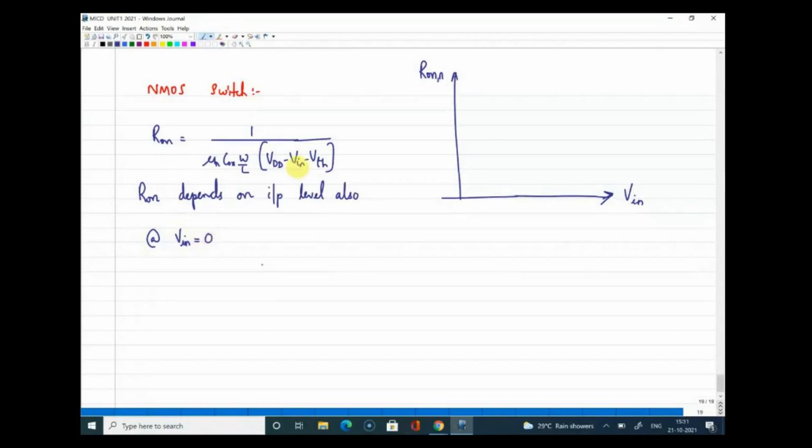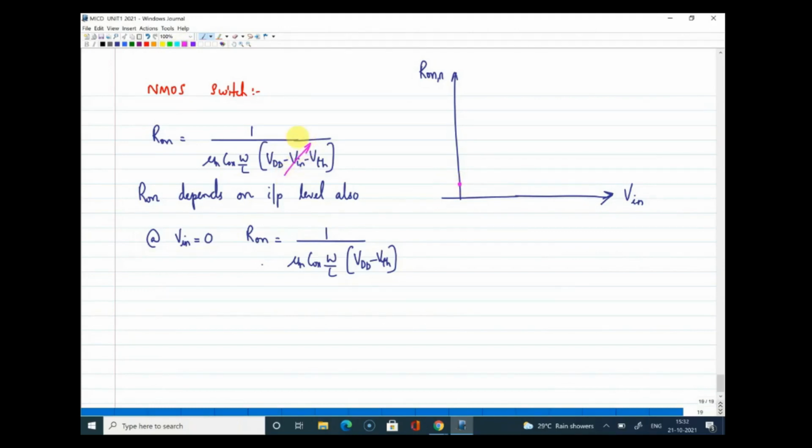When you substitute Vin equal to 0, your R on is equal to 1 by mu n Cox W by L into (VDD minus VTH). This is the resistance, so that will definitely give you some value. Maybe I'll mark it somewhere over here. This is the initial value. Now your Vin keeps on increasing. If Vin keeps on increasing, what will happen to your R on?